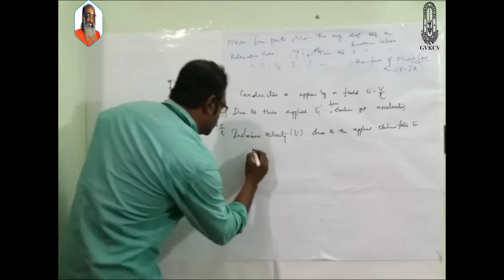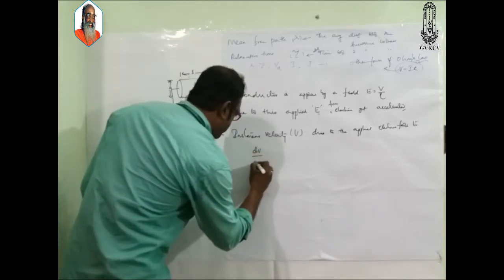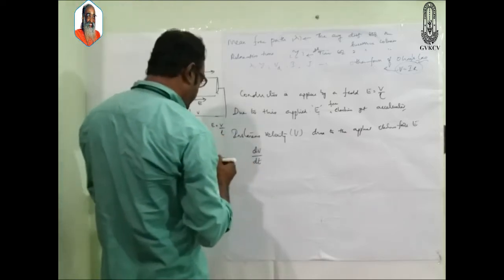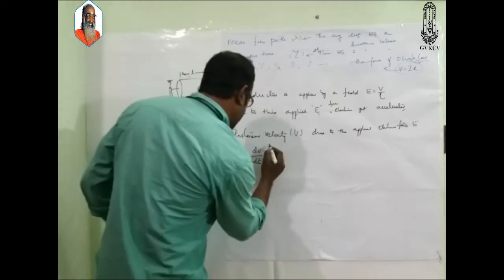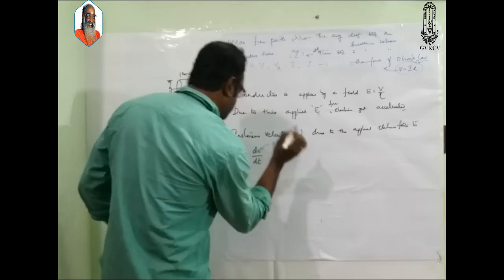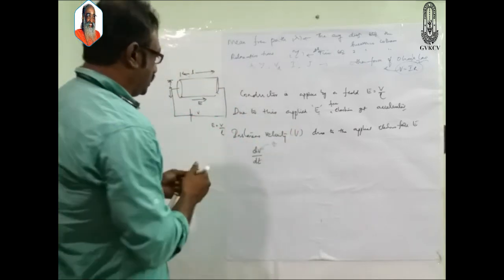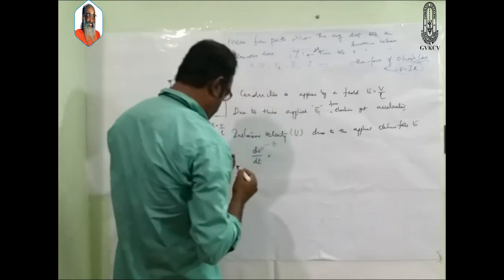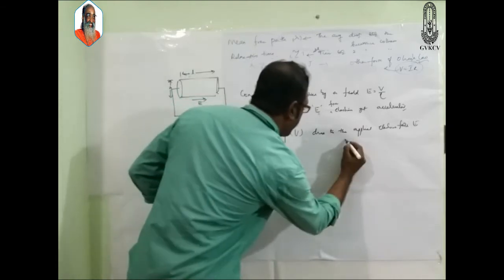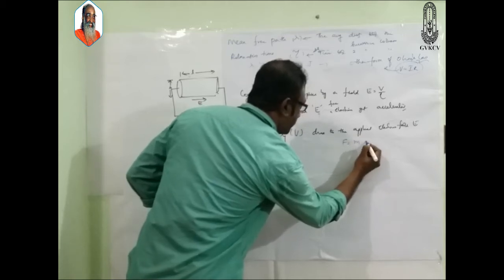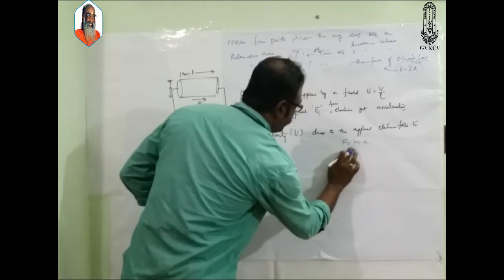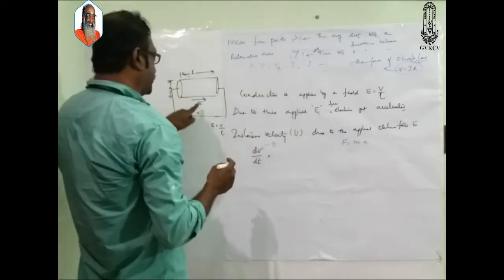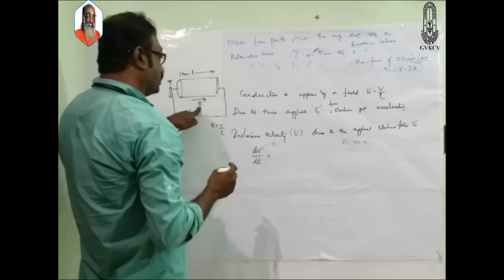Now if I take dv by dt, you might have understood that we are going to get acceleration, isn't it? To give this acceleration we will use the expression F is equal to ma. What is F here? For the electrons in the applied electric field E, F is equal to QE.